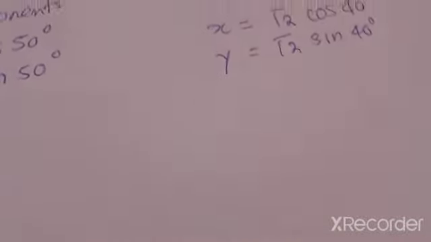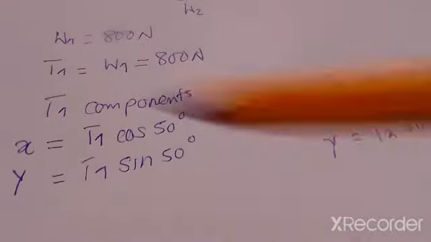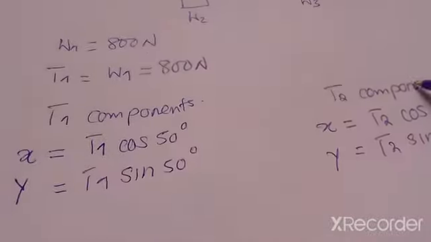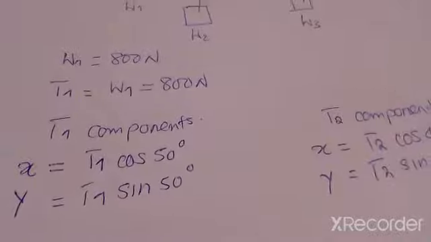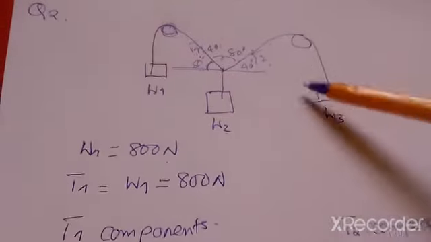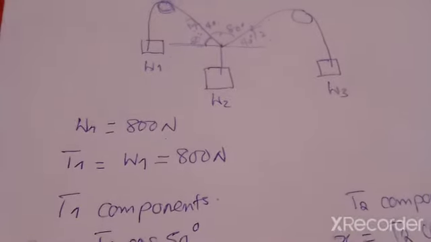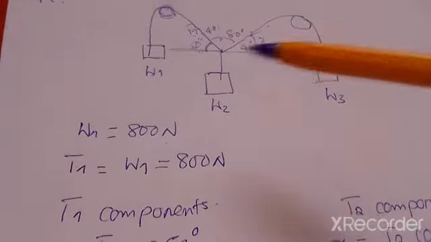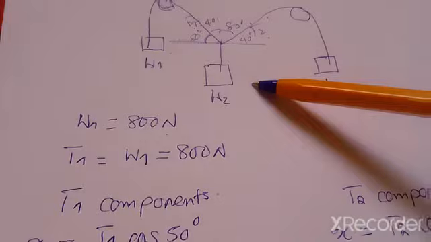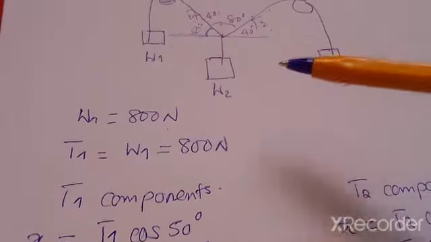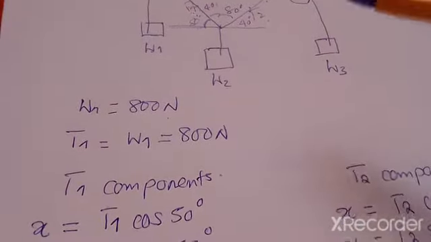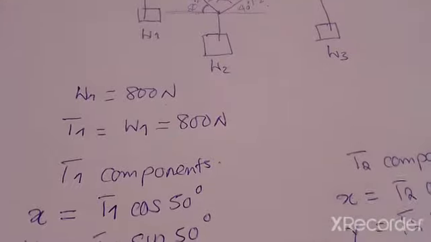So if we have the T1 components and the T2 components, the system is said to be in equilibrium. Now we know from the conditions for equilibrium that if the system is in equilibrium, then the summation of forces is equal to 0, or the net force is equal to 0.